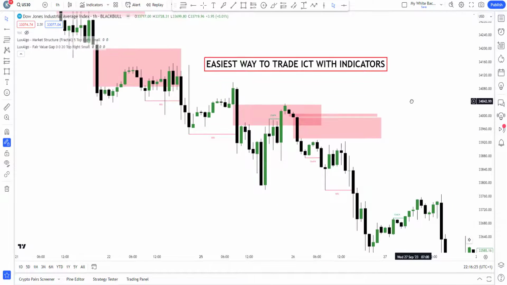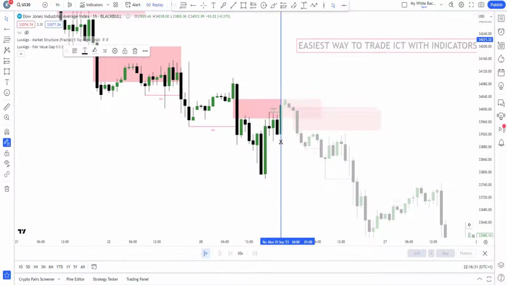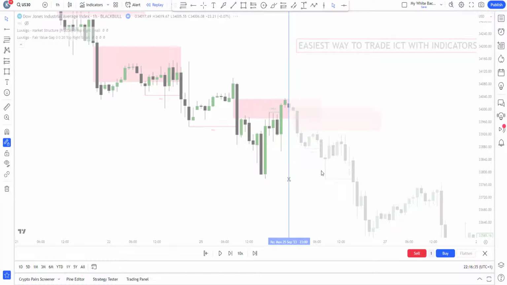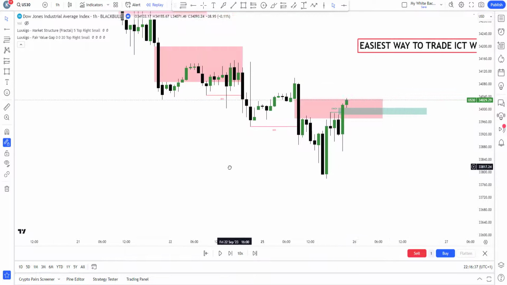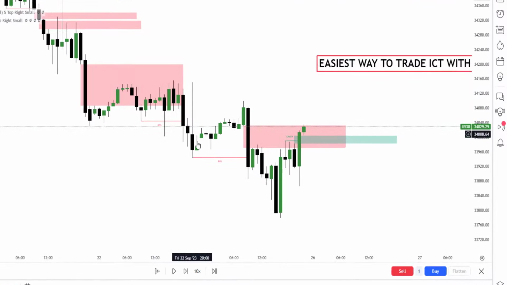So very easy, straightforward. Let me show you this. For example, we have price coming like this, having this price action in this sequence. We have a break of structure, as we can see, identified by our indicator, and price filling up this particular fair value gap right here.